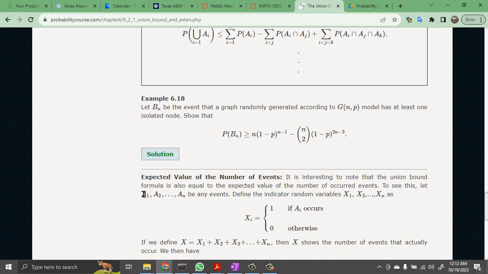If I have these n different events, I can define a random variable for each one of these events. It's called an indicator random variable. If A1 occurs, then I say X1 is equal to 1. If A1 does not occur, I say X1 is equal to 0. Right? So X1 is on or off depending on whether or not A1 occurs.